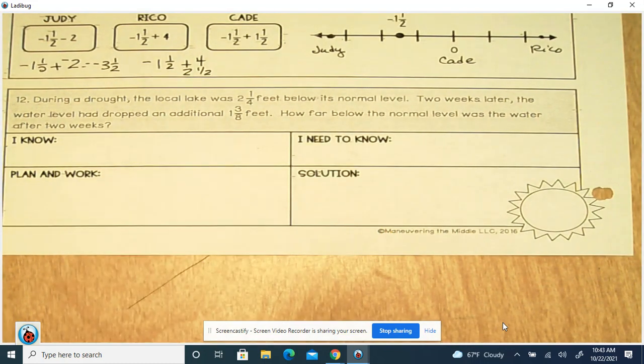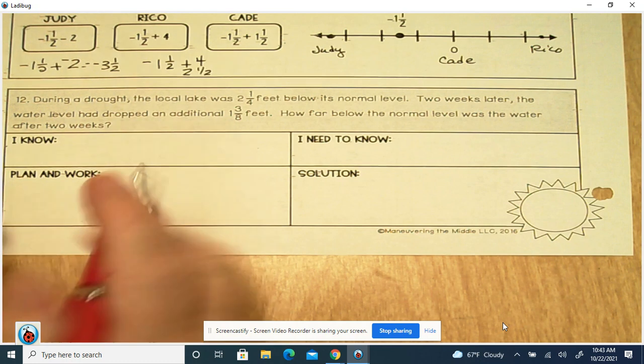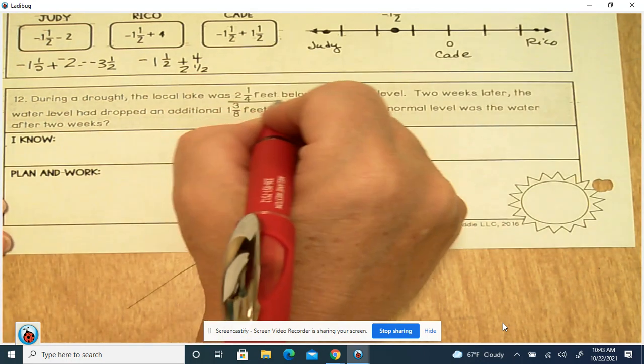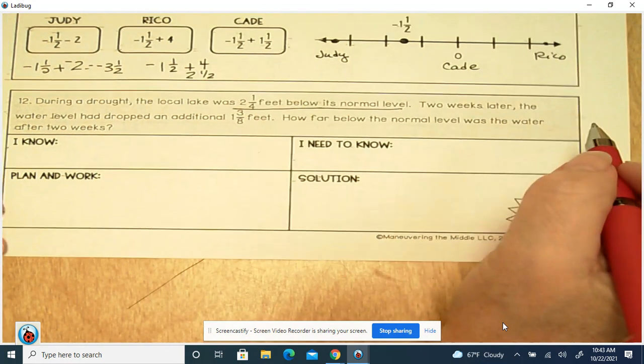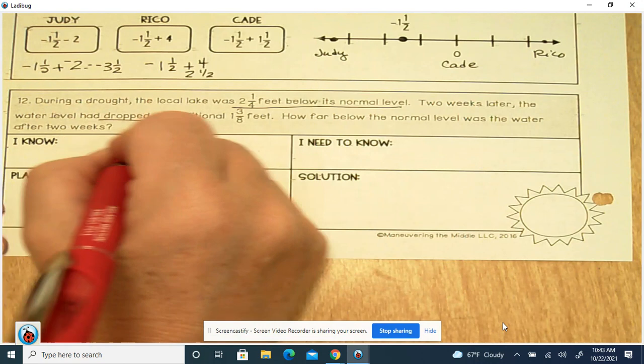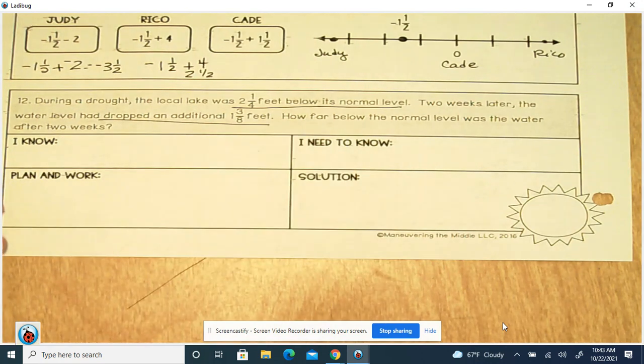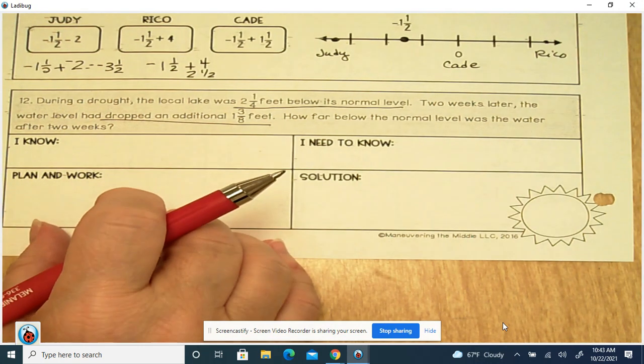And the last problem, during the drought, the local lake was 2 1/4 feet below its normal level. 2 weeks later, the water level had dropped an additional 1 3/8 feet. How far below normal level was the water after 2 weeks?